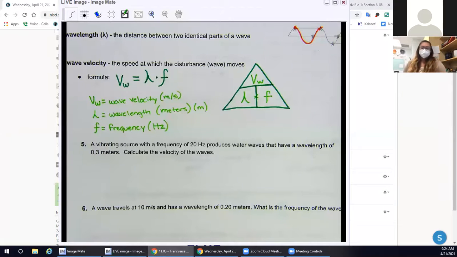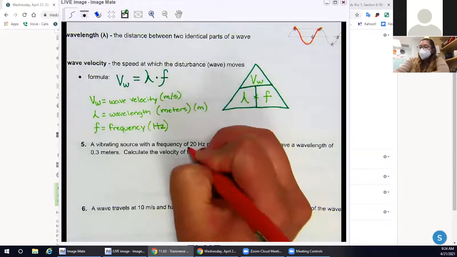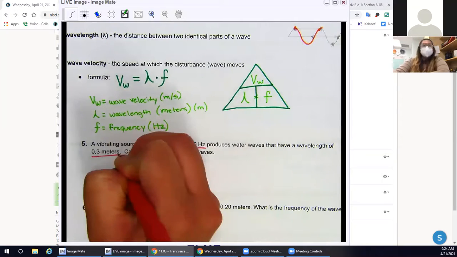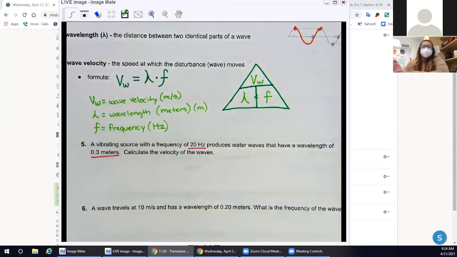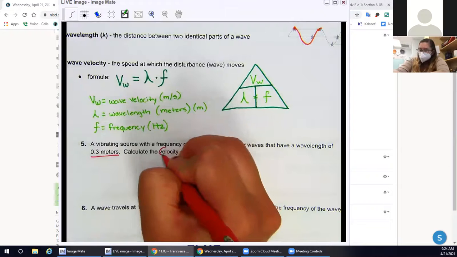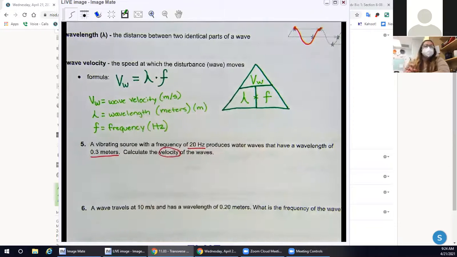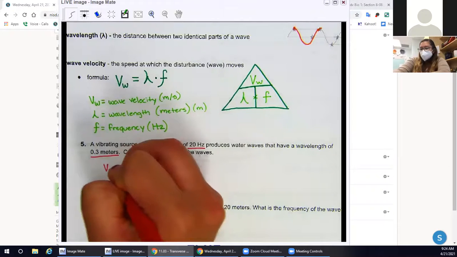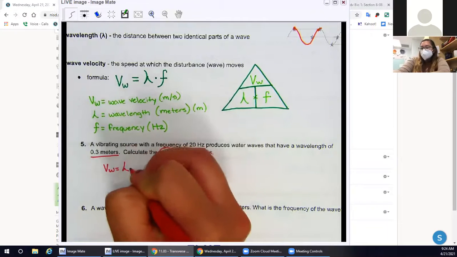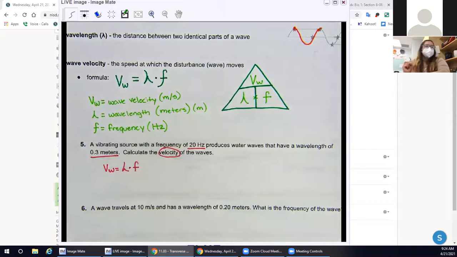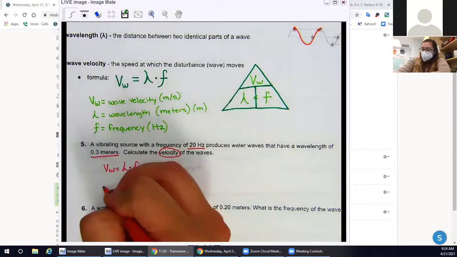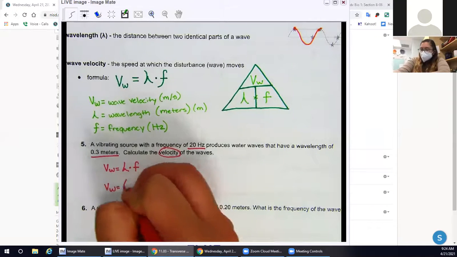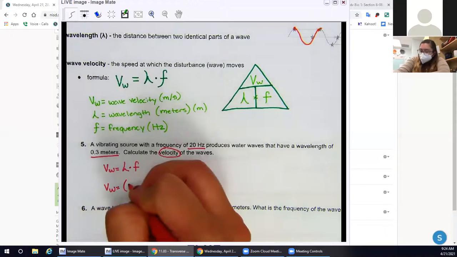Got it. Good job. If you're doing this correctly, all you needed to do was multiply your wavelength times your frequency. Wavelength was 0.3 meters.